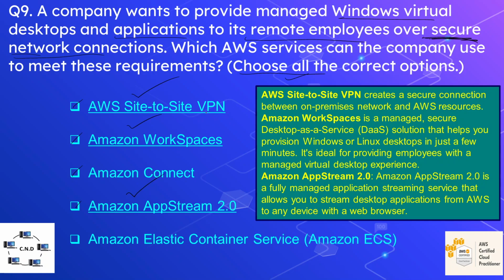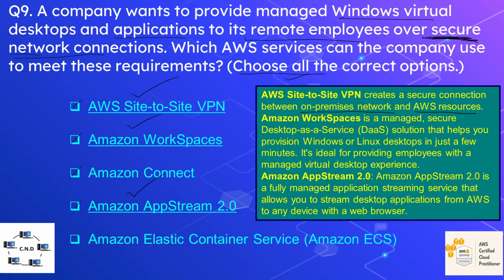So what are all these? We are using the Site-to-Site VPN because the requirement states a secure network connection. Amazon Site-to-Site VPN creates a secure connection between the on-premise network and the AWS resources. The second option is Amazon WorkSpaces.